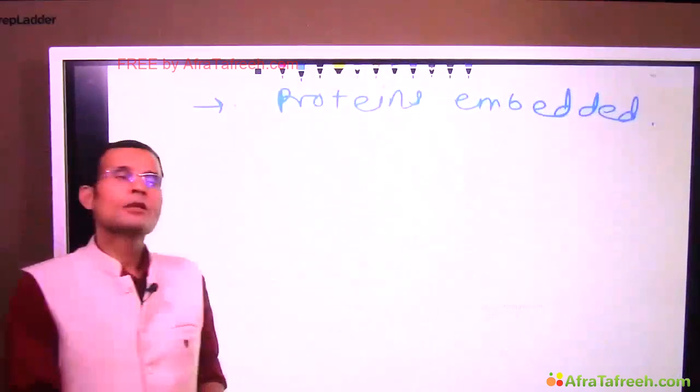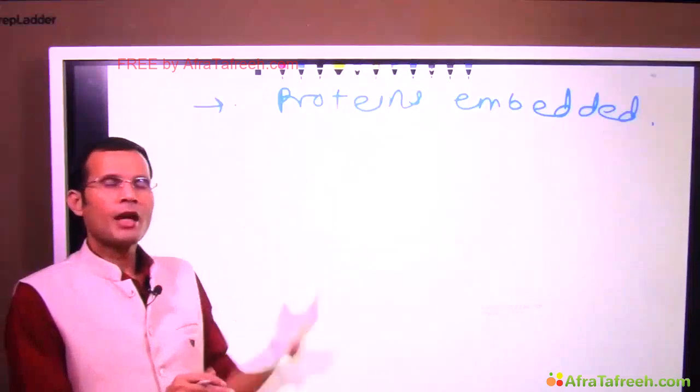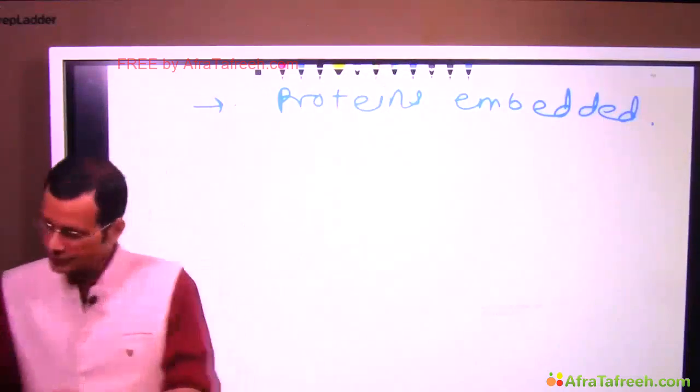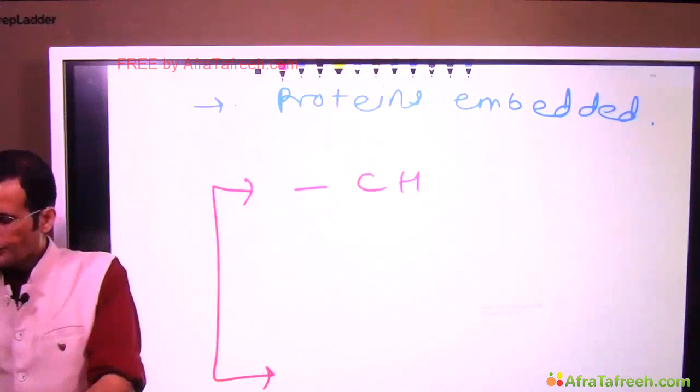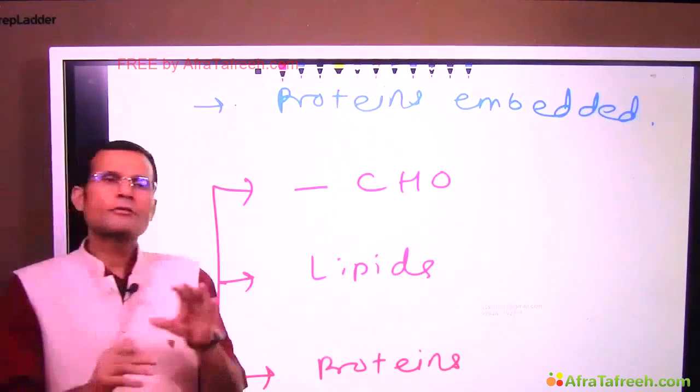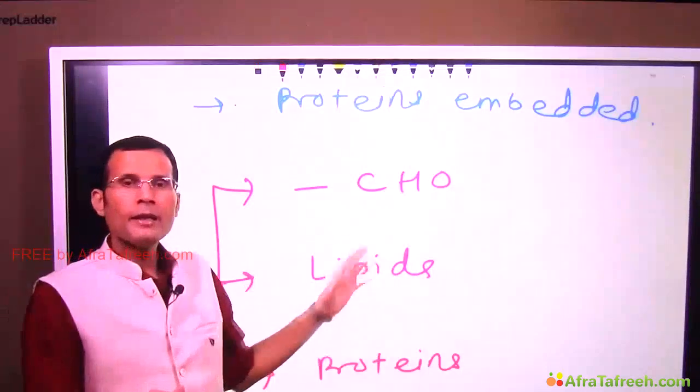So we have three constituents in the cell membrane: the carbohydrates, the lipids, and the proteins. How much surface area is occupied by each one of them?